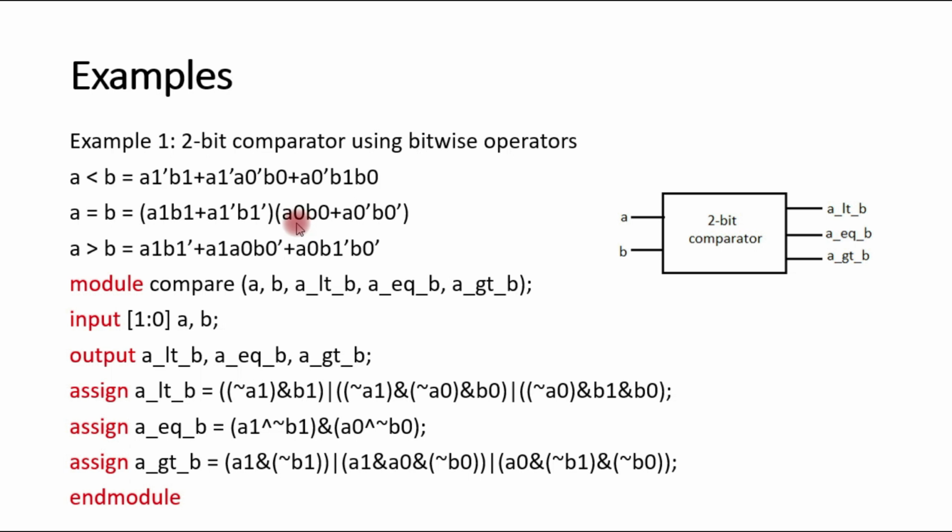And here A0 B0 plus A0 dash B0 dash is also the XNOR function of A0 and B0. So here we are simply using A1 bitwise XNOR B1 with the AND function A0 XNOR B0. Similarly for A greater than B, using bitwise operators, the expression is written here.